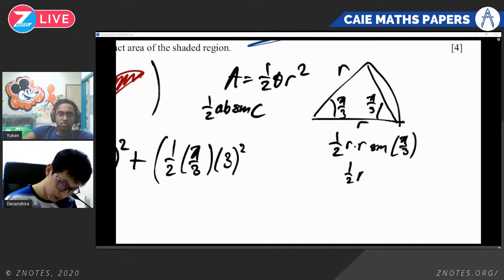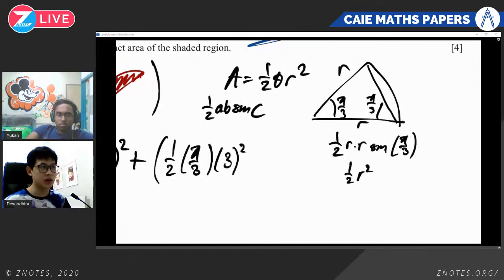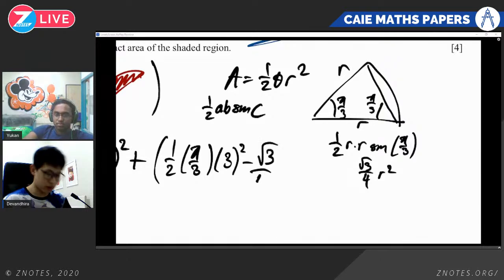So that's half r squared. Sine pi over 3 is root 3 over 2. R squared.